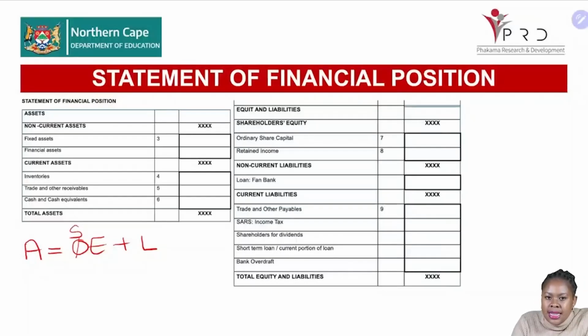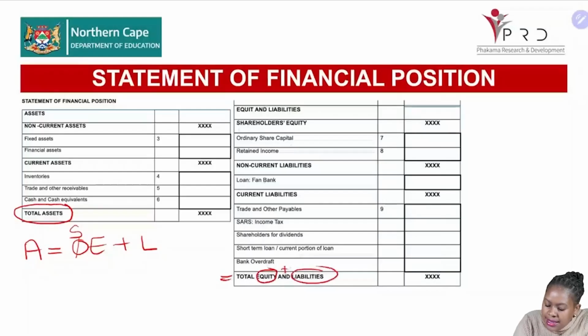So what does this mean? It means that my financial position is structured in such a way that it applies this accounting equation. It says that my total assets must be equal to my equity plus my liabilities. Are we fine?